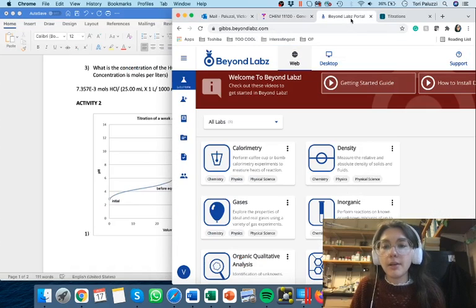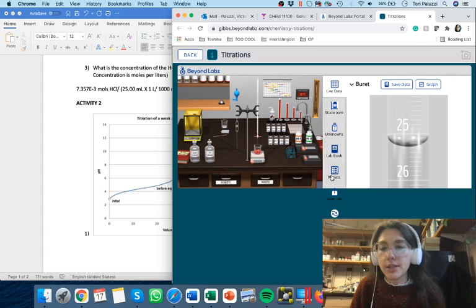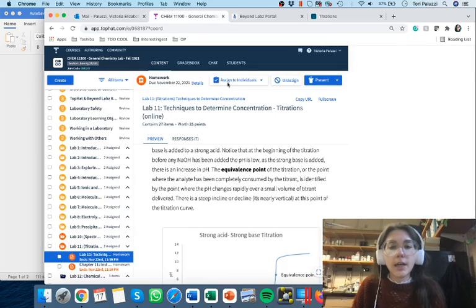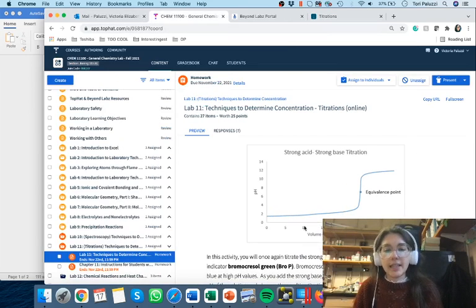So again, when you're in BeyondLabz, where's my titration? You're essentially just going to record with the pH meter how that goes, and then graph it. When I look in here, you're going to get a graph like this.